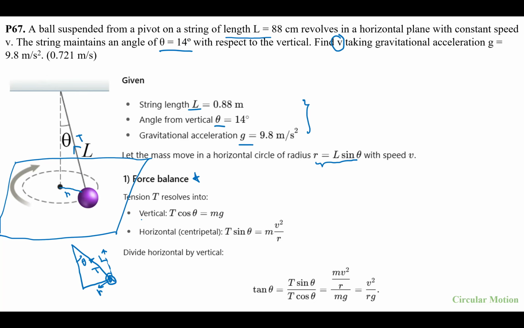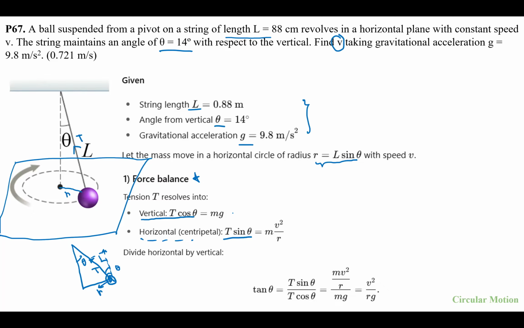If the angle is theta, then the vertical component becomes T cosine theta, and the horizontal component becomes T sine theta.